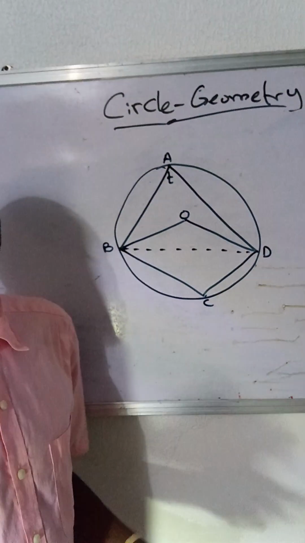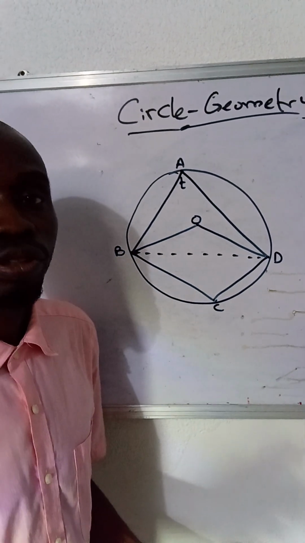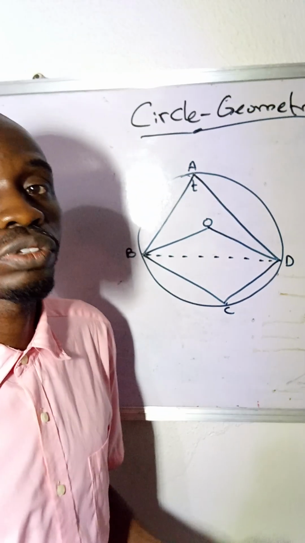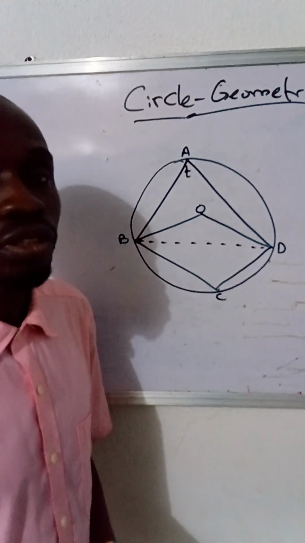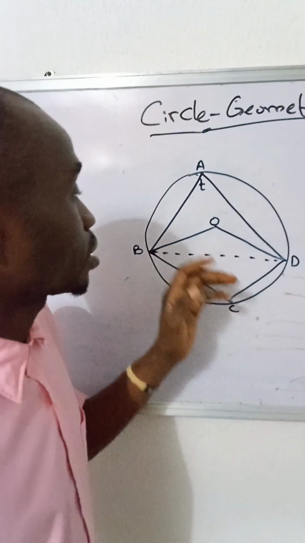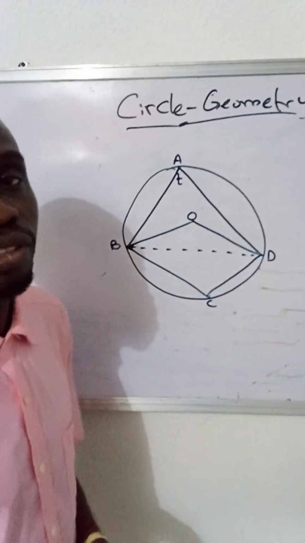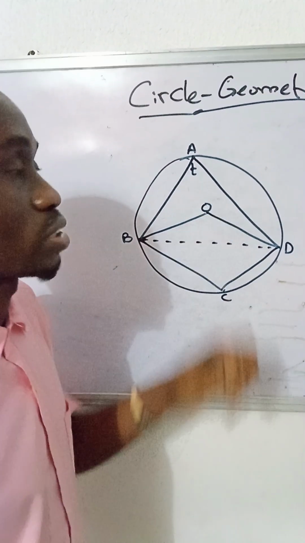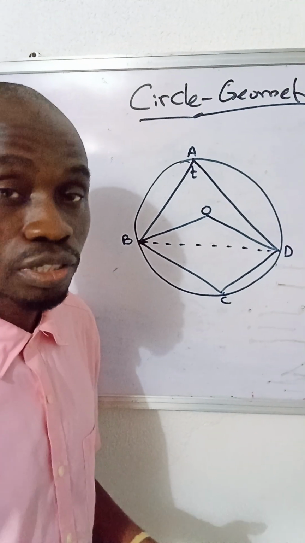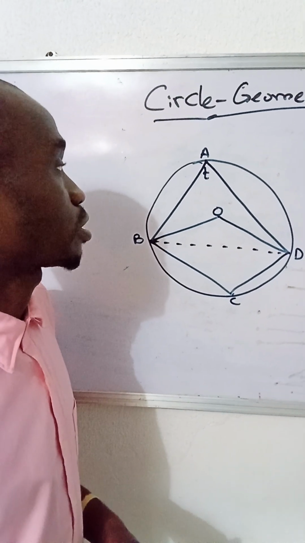Now you need to look into the theorems one after the other and pick the one that fits. In this case, we have the center, and we have the angles on the circumference, right?